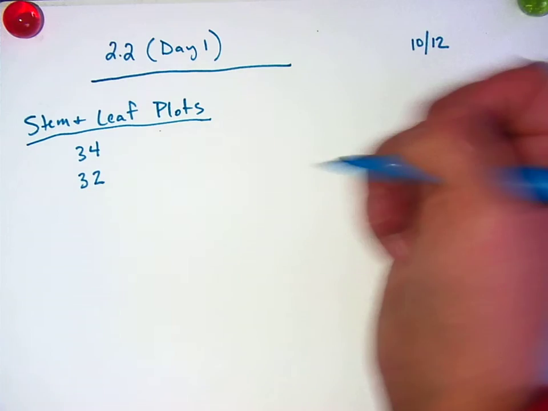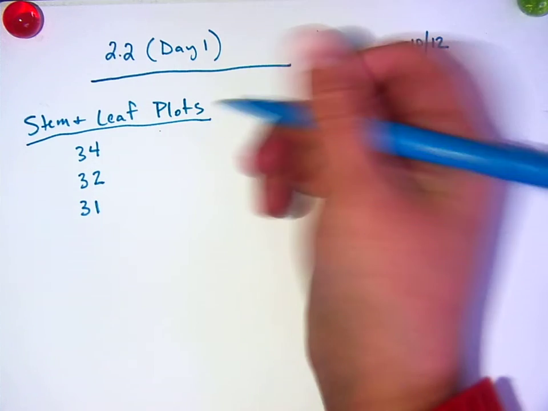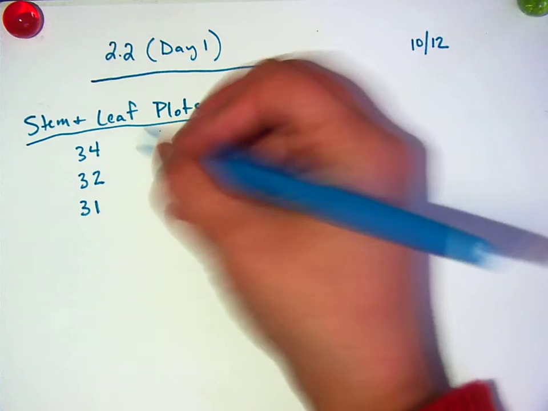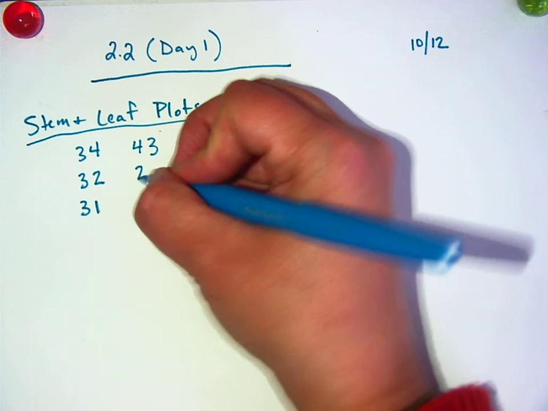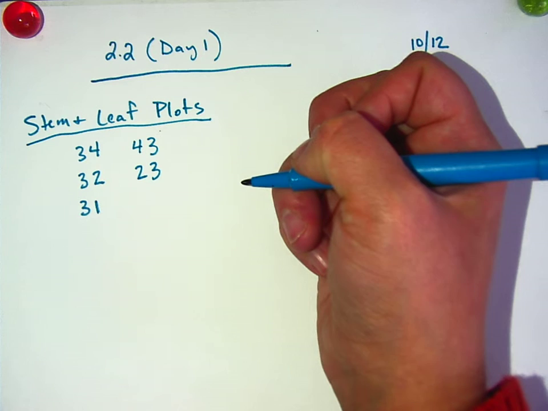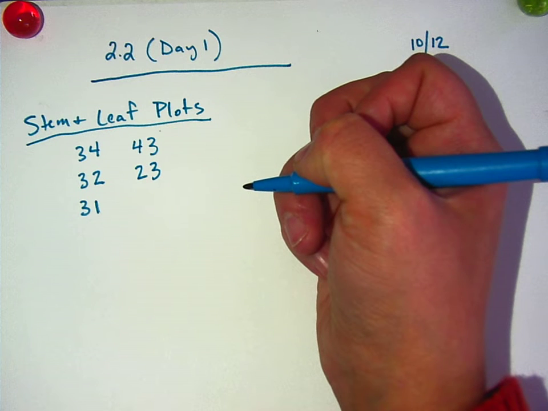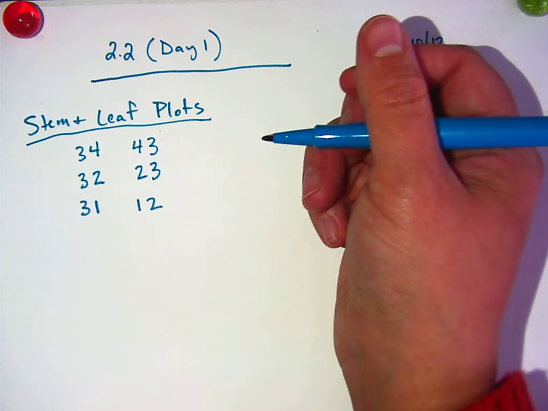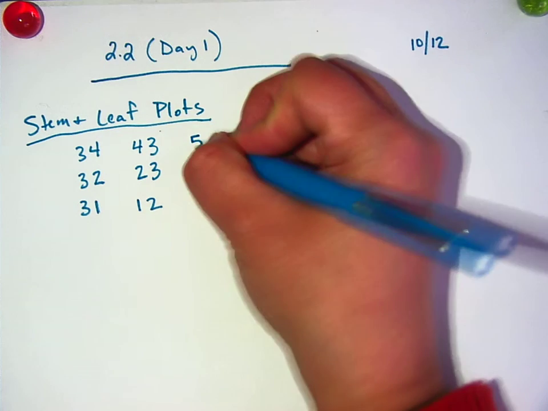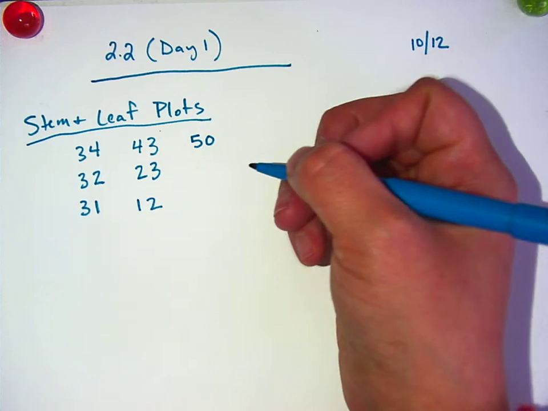Caitlin? 31. Gustavo? 43. Natalie? Anton? 12. Andrew? 50. 22.